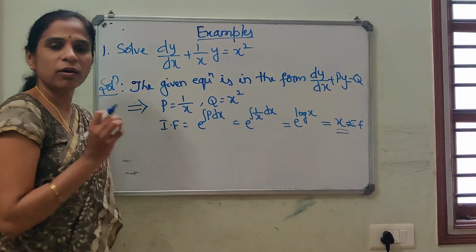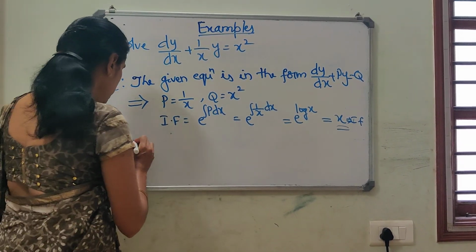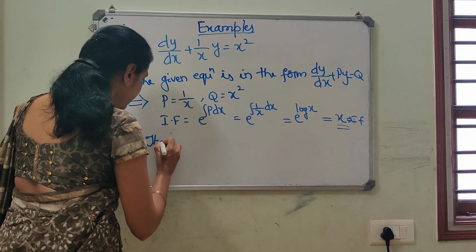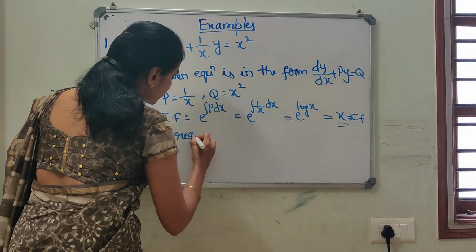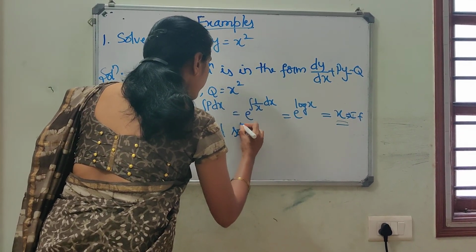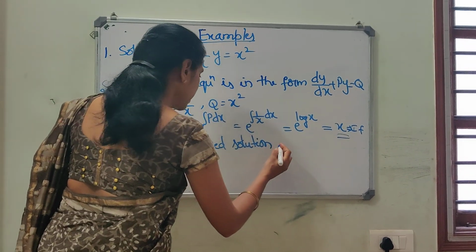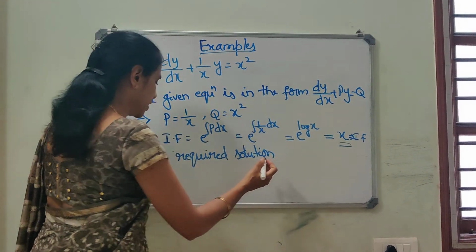So once you have got the integrating factor, what does the third step say? Write the solution. Therefore, the required solution is, see how easy it is. We can simply remember those 3 steps, and by knowing simple integration, we can write the solution of the linear differential equation.